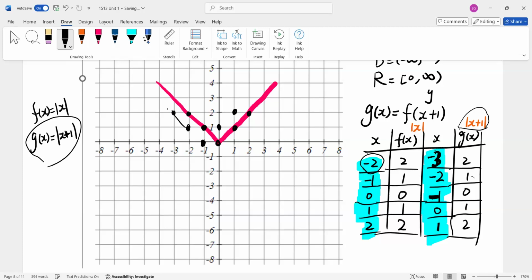Do you see what happened? This is the graph of the daughter function. This is the graph of the function when we add 1 to the x. The graph shifted to the left 1 unit. Do you see it?